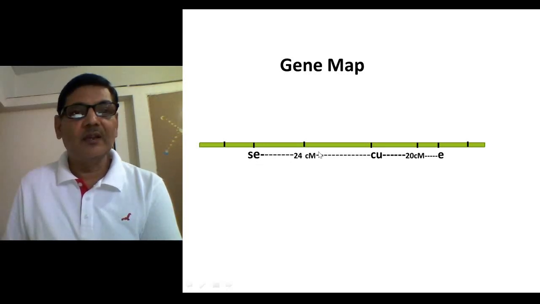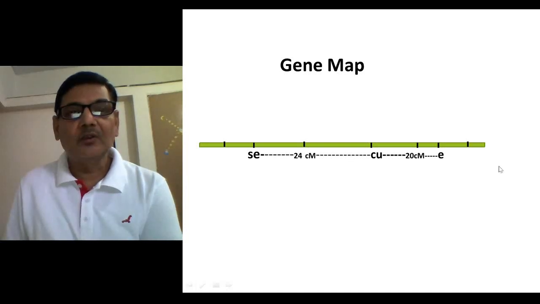So SC and CU. Okay, this one is CU. So the distance between this has come 24 centimorgan, and that you can show here. Then between CU and E, crossing over percentage came 20, and that is why this distance is 20 centimorgan.